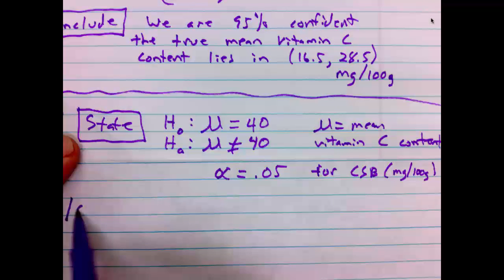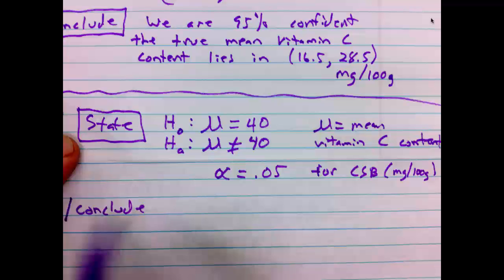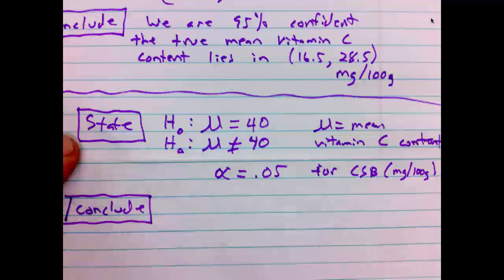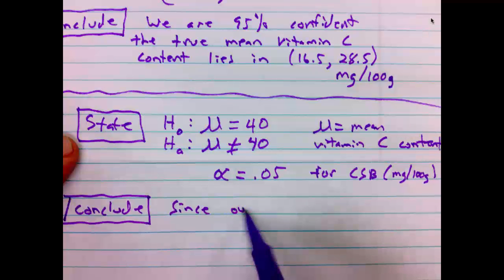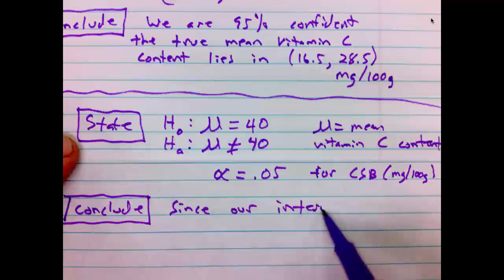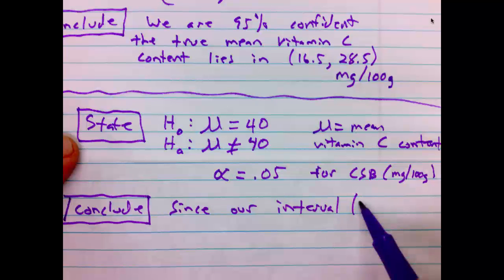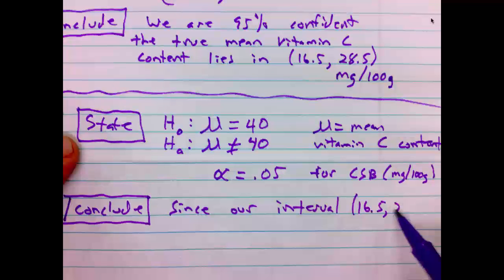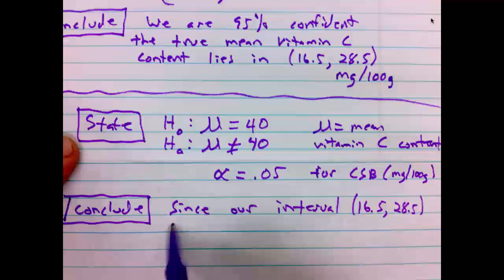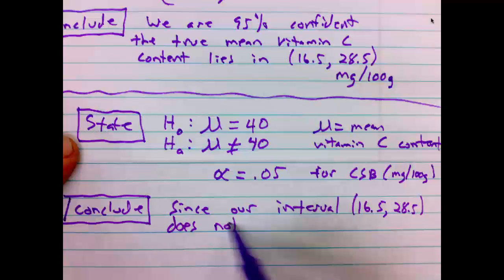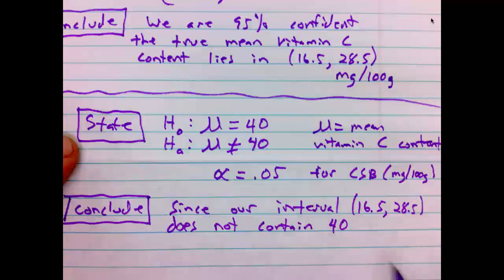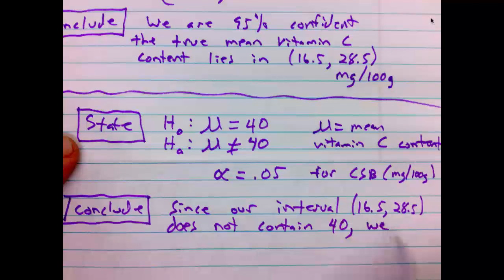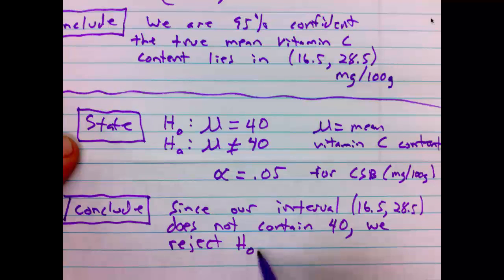Conclude. Since our interval, 16.5, 28.5, does not contain 40, we reject H naught.